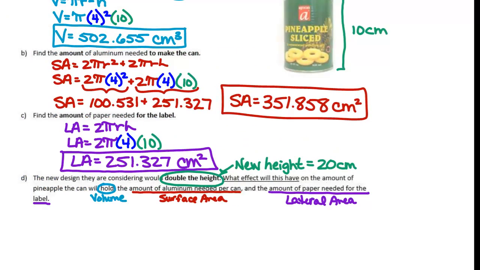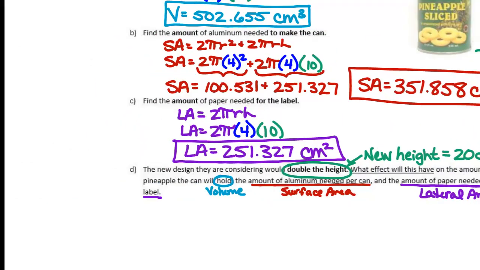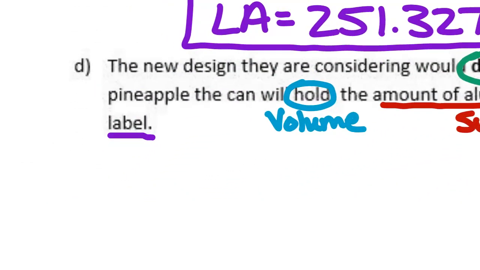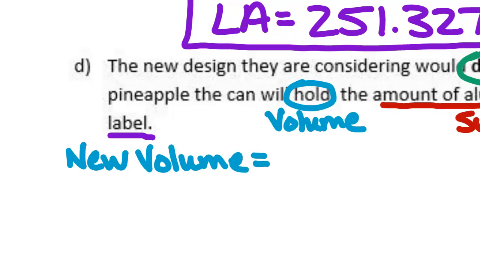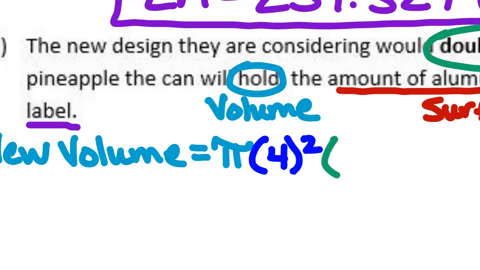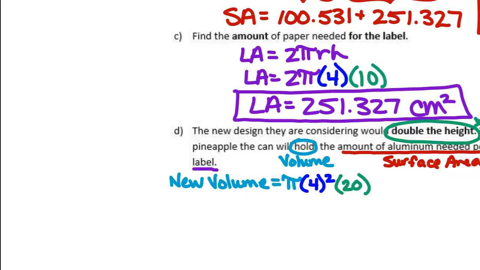So let's see how this new height would affect that. Radius stays the same, everything else stays the same. So my new volume would be equal to pi times my radius squared, radius stays 4, times the height, which is now 20. So now let's take that and pop it into the calculator.